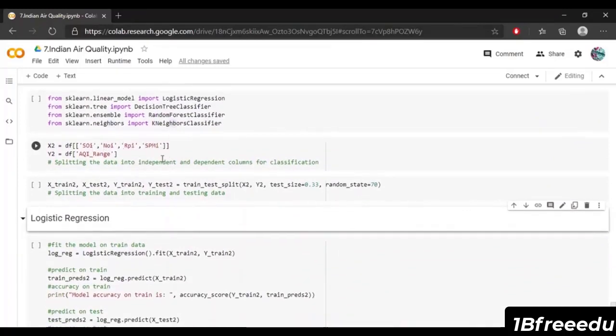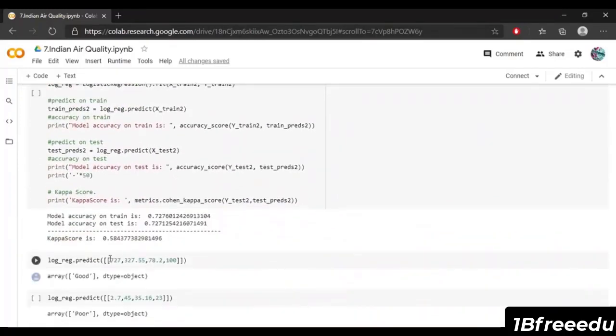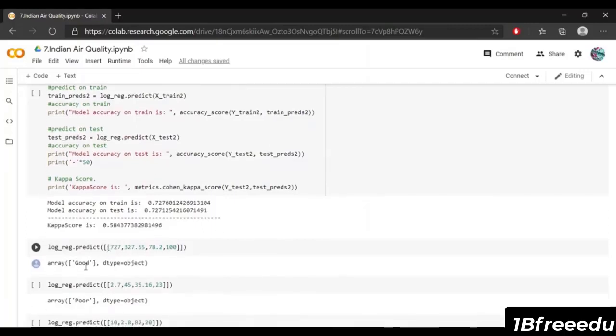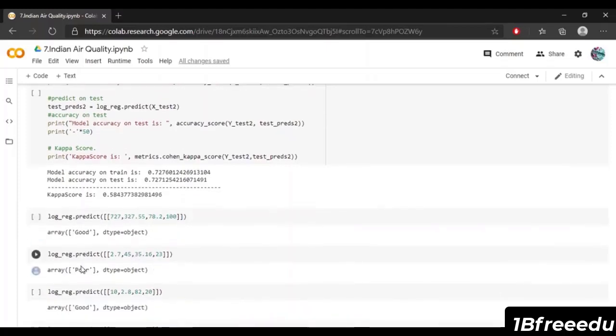These are the index values of the pollutants, given manually. Then we predicted with the logistic regression on these values. As we have used a classification model, we have been given a label. These are the values present in the target column. The model says that these values are good, whereas these values are poor.